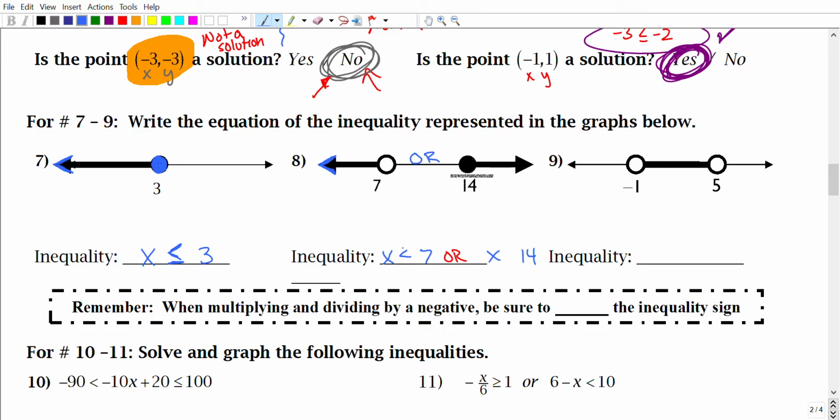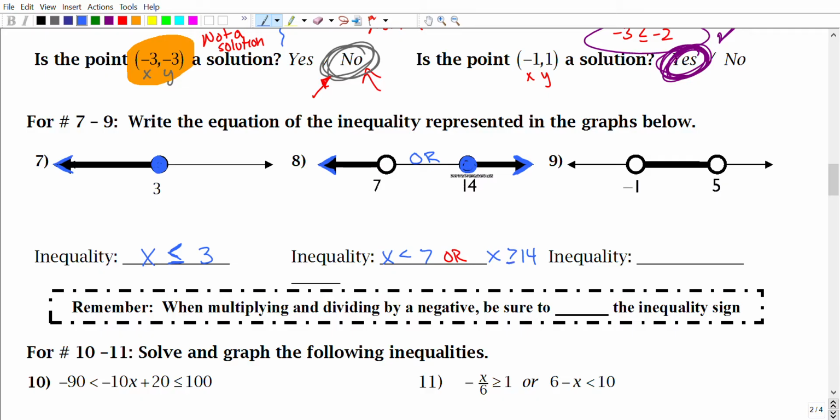And it's an open circle, so no need for an equal to sign underneath. On the 14, I'm shading to the right, so I'm making a greater than symbol, and because it is a closed circle, I need my equal.